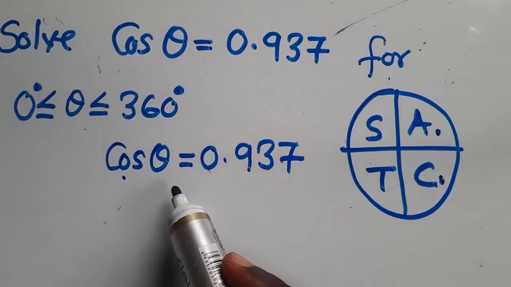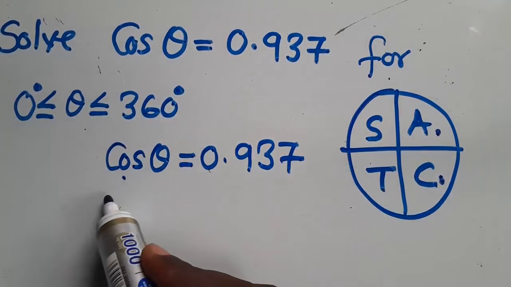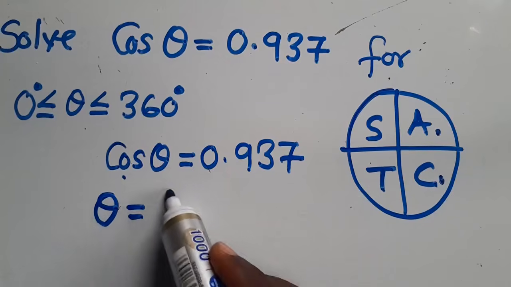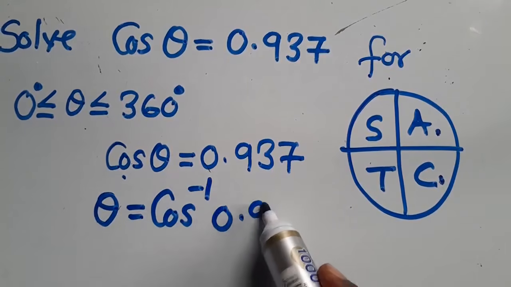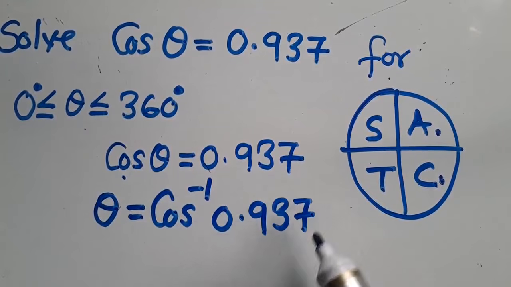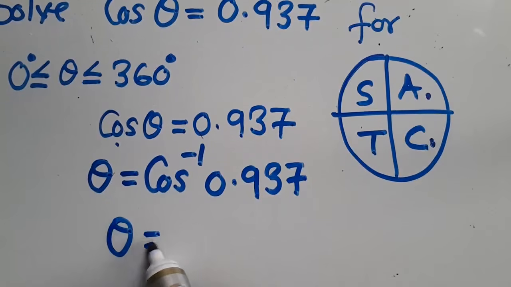So the cos moves to the other side, and theta is equal to cos inverse of 0.937. How do we punch cos inverse?